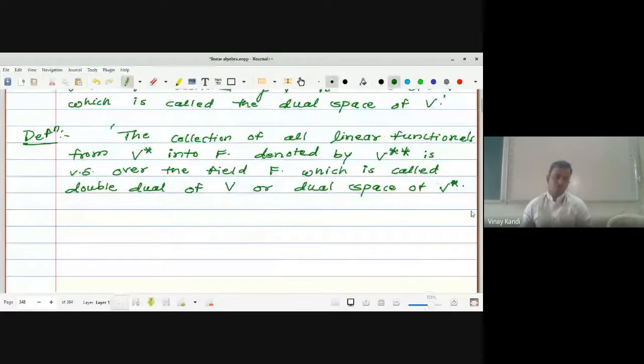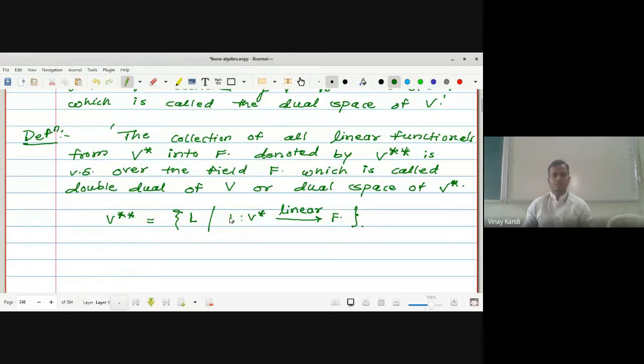In the symbolic form, we can write V double star is equal to the collection of all linear functionals. Suppose that the functional is L, such that L is the function from V star to F, which is linear. ओके.